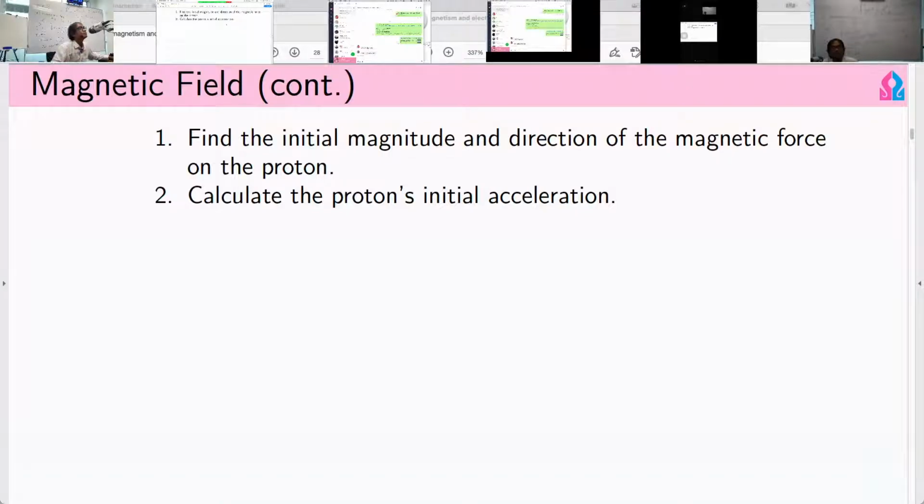It's not difficult. The direction of the magnetic force is already explained to you, right? You just use the right hand to get the direction of F.